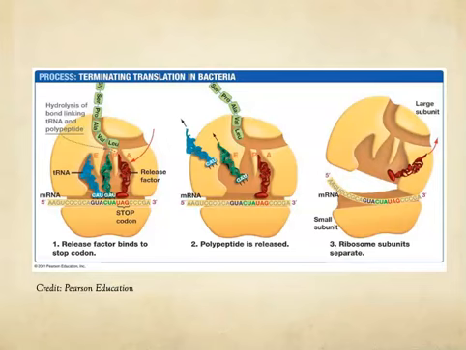Now, just as we talked about for transcription, there is a specific series of events that will terminate translation. Again, we're going to use bacteria as our model organism. In this drawing, you can see 3 stages across time.